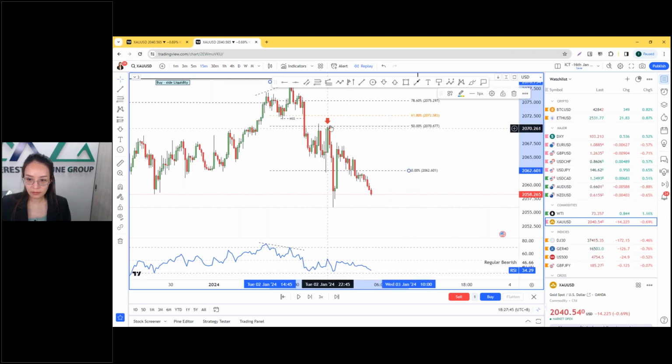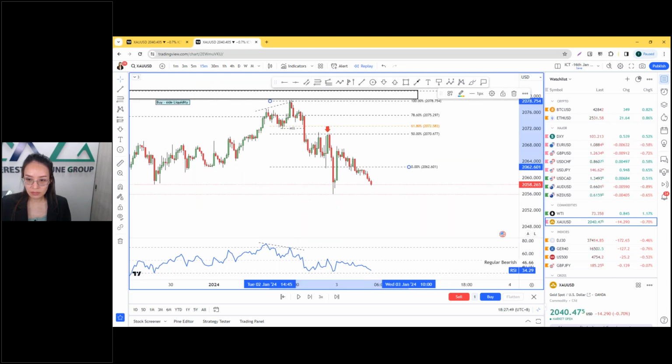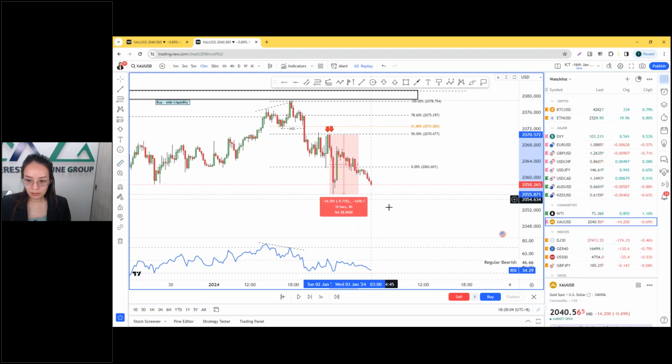This one is a week, right? We draw the Fibonacci from here to here, and you will get another entry at this candle here. And then from here, 2070 to here, you get another 147 pips.